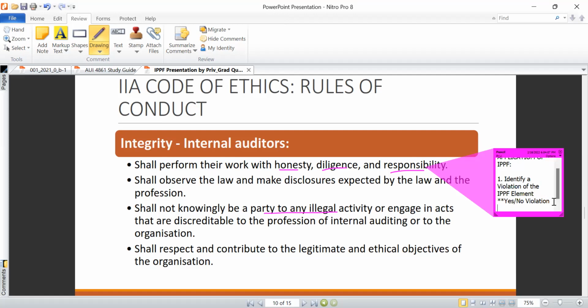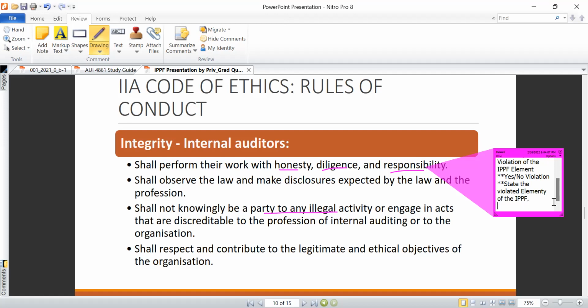And then obviously, if you said yes, there is a violation, then you state the violated element of the IPPF framework.